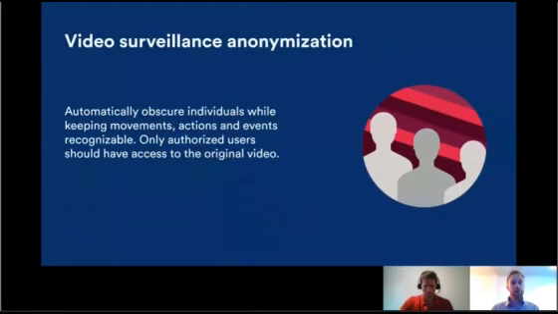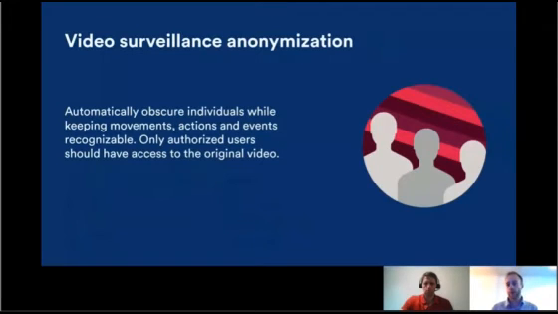The third layer here, which is another essential one for real-time privacy protection, is dynamic video anonymization. This is to maintain the privacy of individuals within the view of your surveillance cameras. So the operators here will only see what they need to see. This is a module within our platform that we can add on top of any existing cameras.